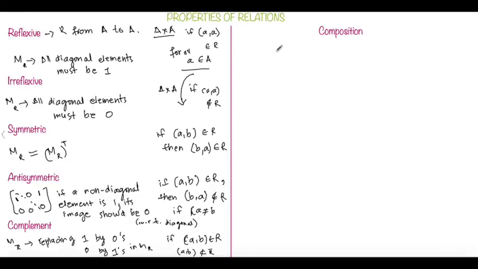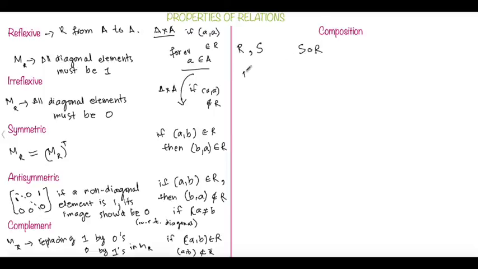Okay, now what about composition? If we have a relation R and a relation S, for example, then the composition is typically defined by this. This is applying R to a relation and then applying S to another relation. In this case, what will we do?